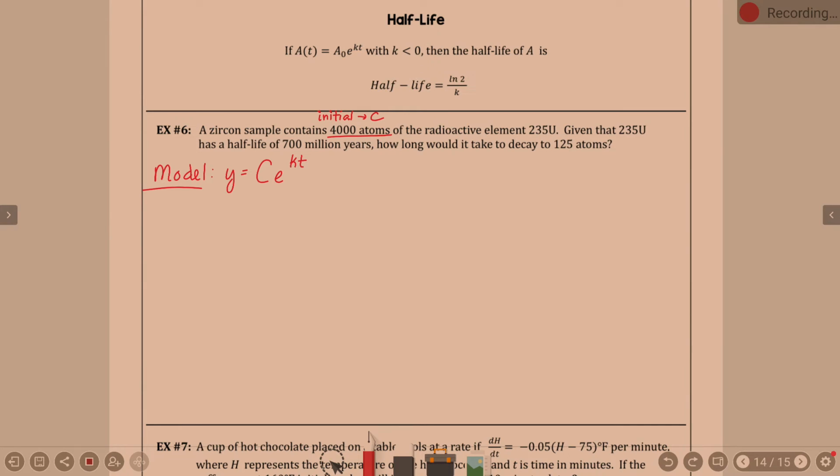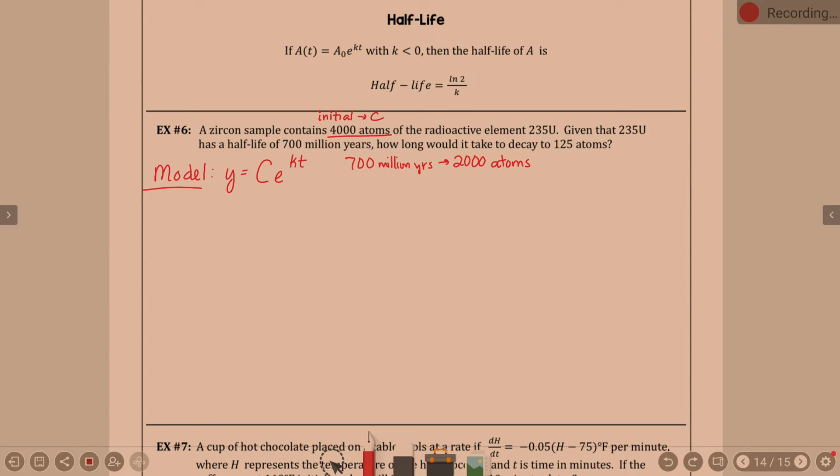Now, I'm trying to think. Okay, so if I just use 700 and write this as 700 million years, and then there's going to be 2,000 atoms. Here's the deal.